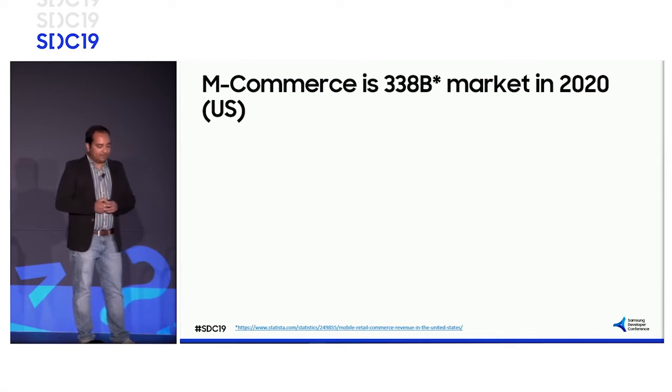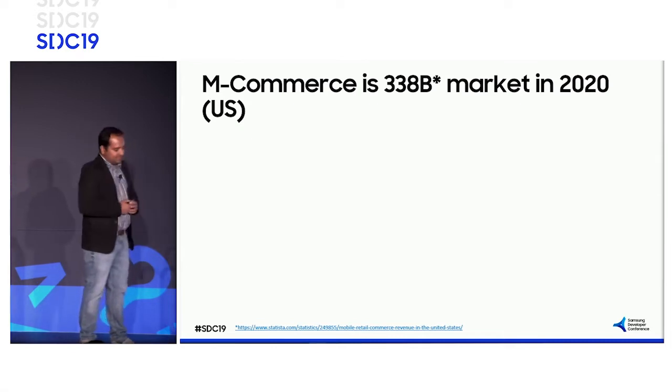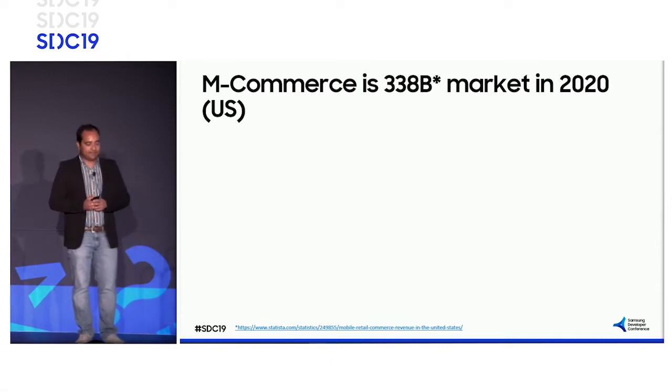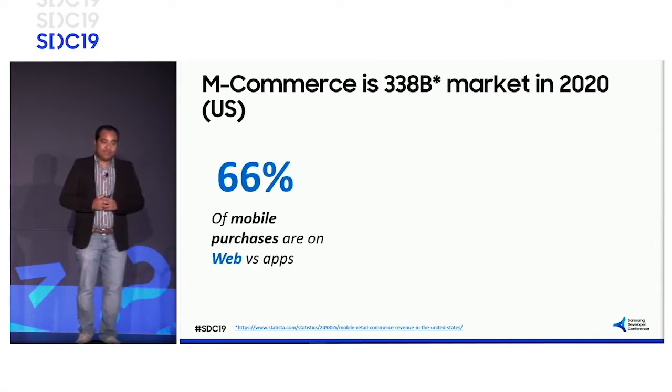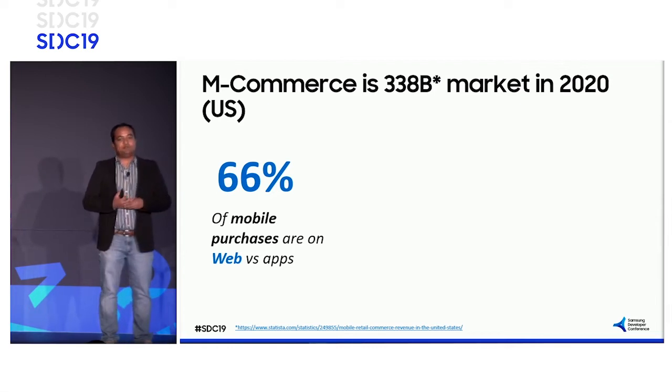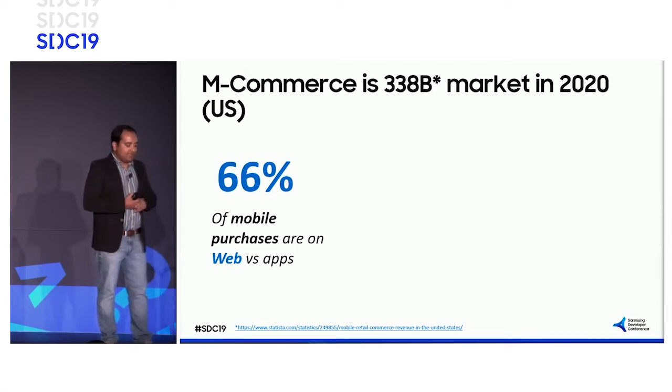M-commerce in the US alone is going to be a $338 billion market by 2020. And a very interesting factor is that 66% of these m-commerce purchases happen on the web, not in native apps.